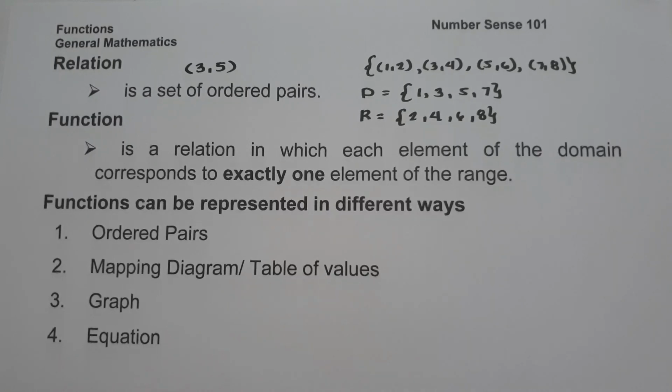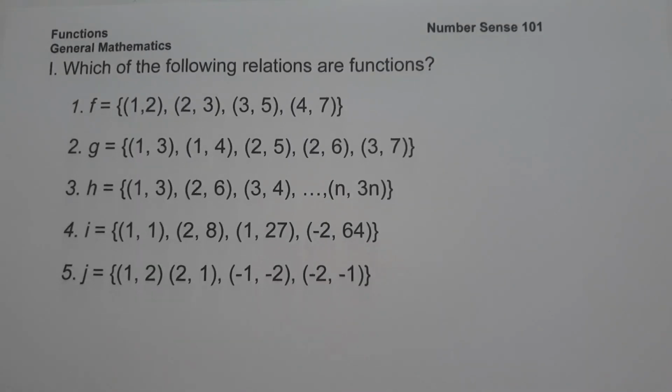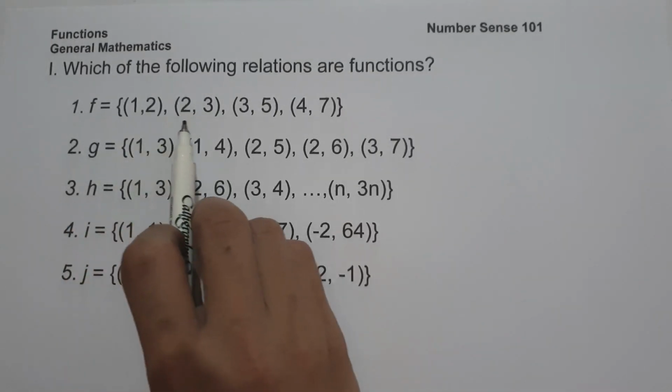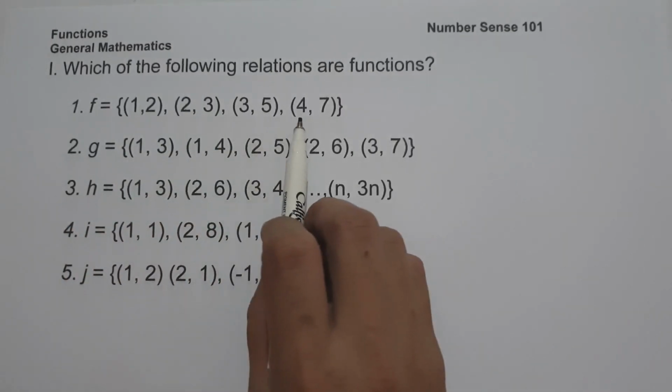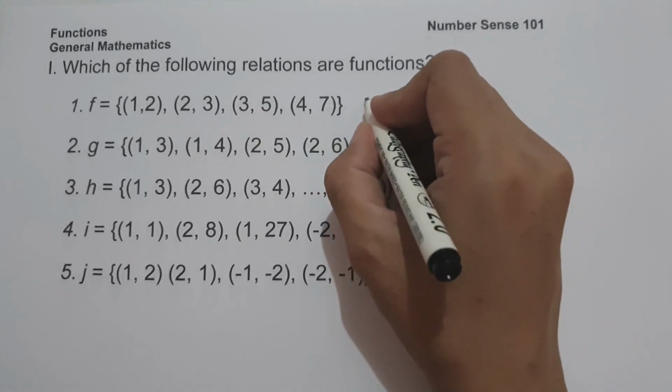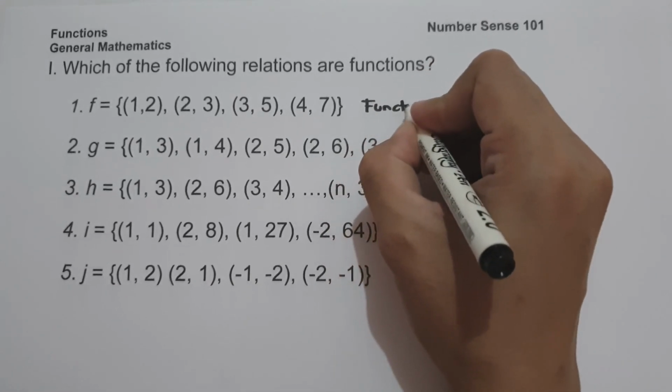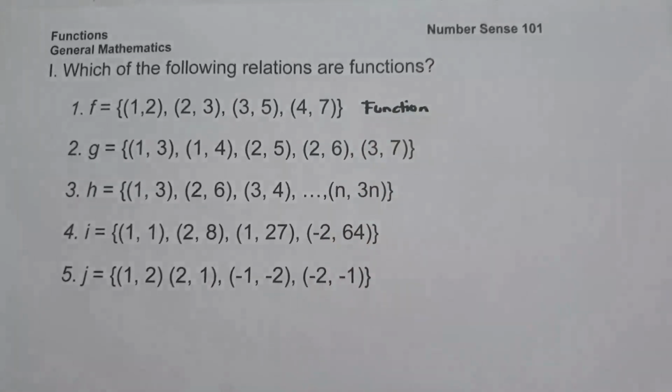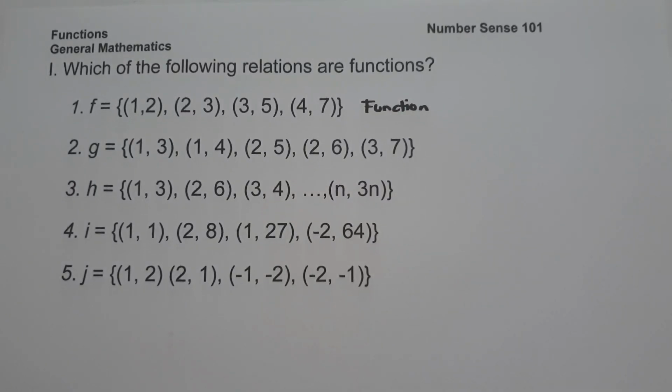So let's start and let's have an example. In the first set of examples, we have functions represented in ordered pairs. Which of the following relations are functions? On number 1, relation F has a set of ordered pairs (1, 2), (2, 3), (3, 5), and (4, 7). So this one is an example of a function because each element of the domain corresponds to exactly one element of the range.